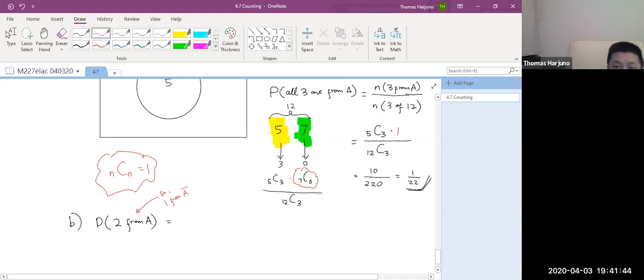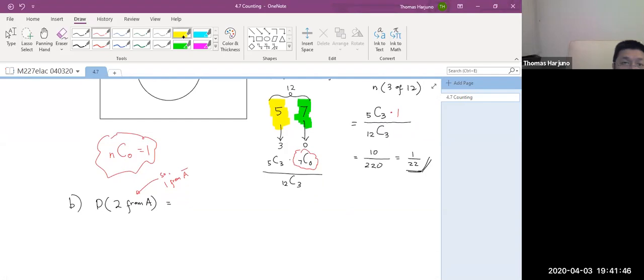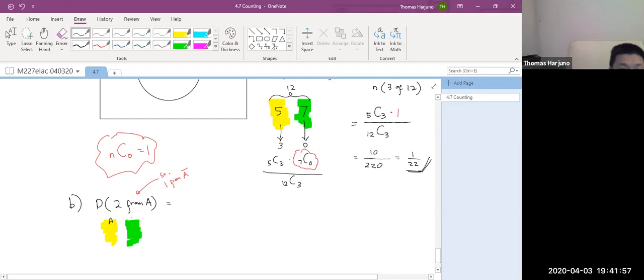Okay, so then let's take a look at the boxes. We have 5 in A and 7 not in A. This is A, this is not A. Now I need 2 from A, and I need 1 not from A. Then how many ways do we get 2 from A?